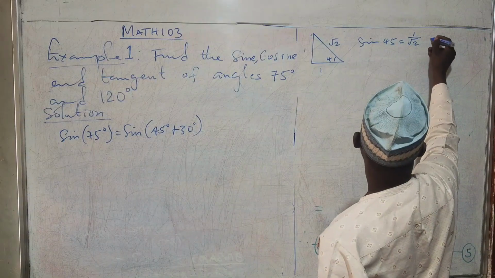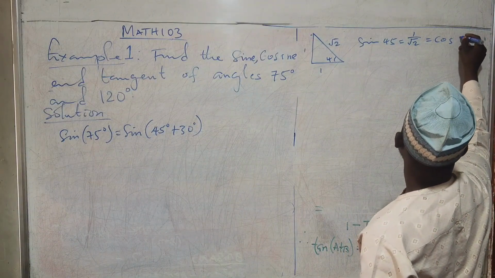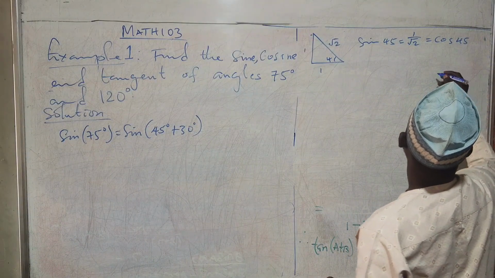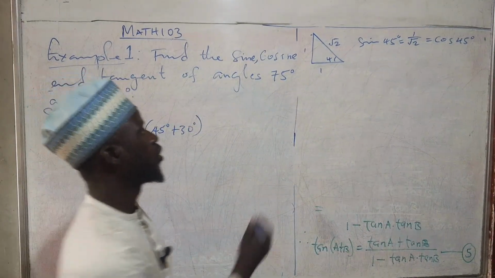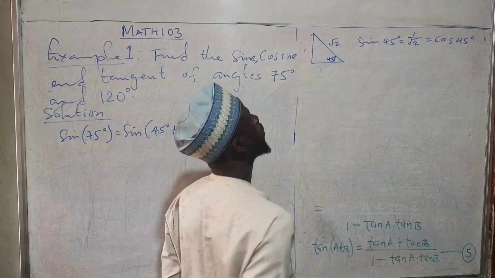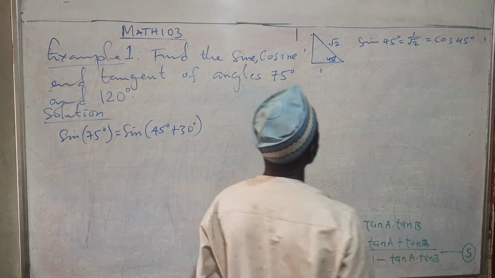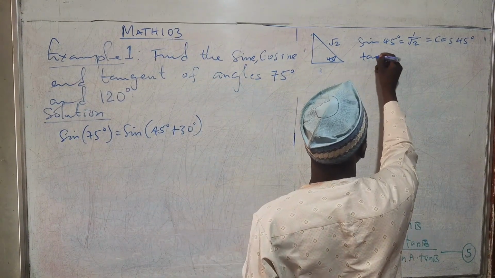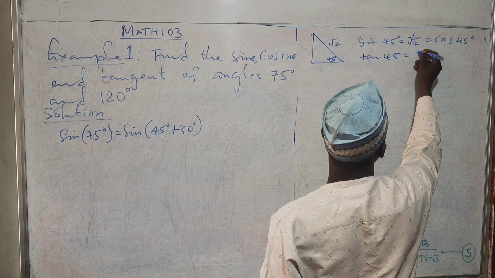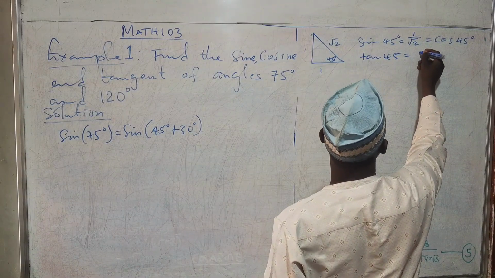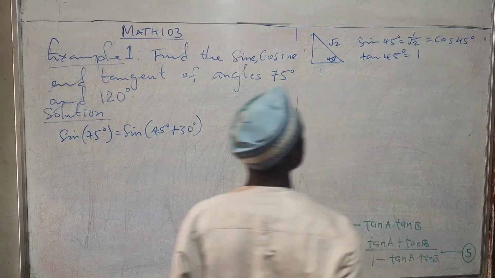Likewise, cos 45 degrees is just 1 over root 2. So what is tan? Tan 45 is always equal to 1.